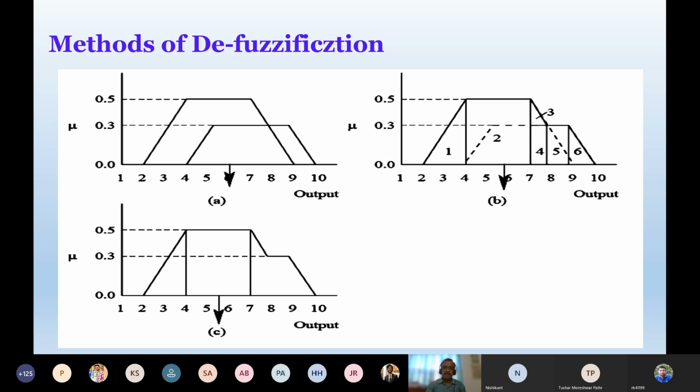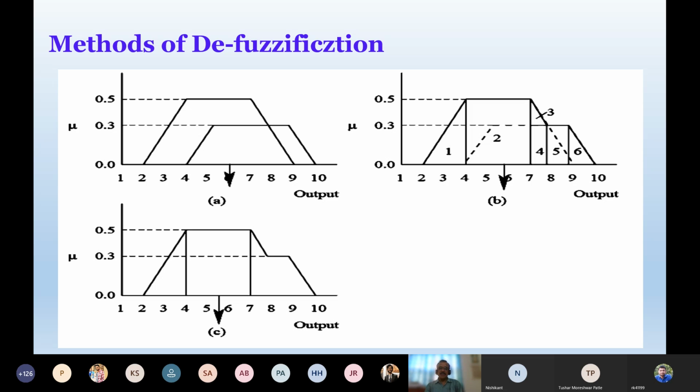And here what we do is, this particular area is divided into a large number of small regular subregions. For example, say this same truncated area, the combined control action, I'm going to divide into one right angle triangle denoted by 1, one rectangle denoted by 2, another right angle triangle denoted by 3, one rectangle denoted by 4, another rectangle denoted by 5, another right angle triangle denoted by 6.